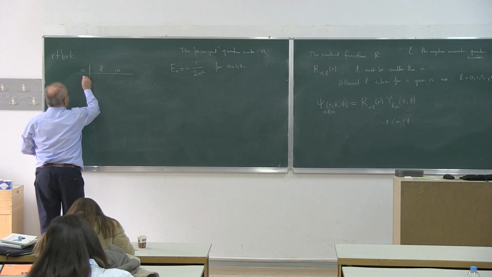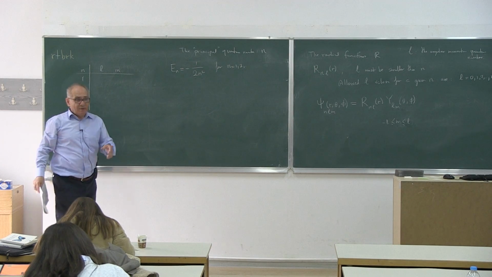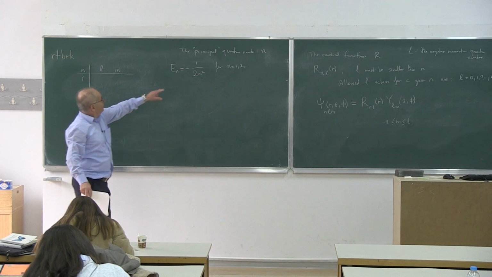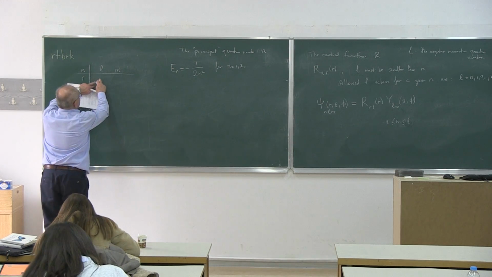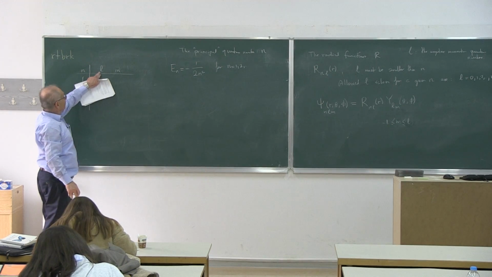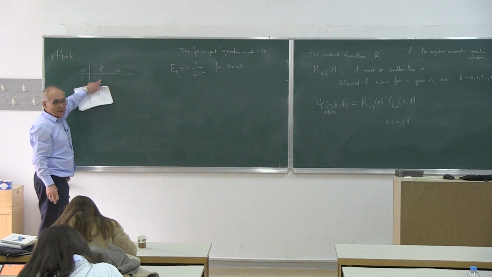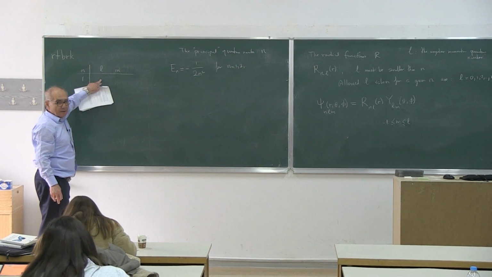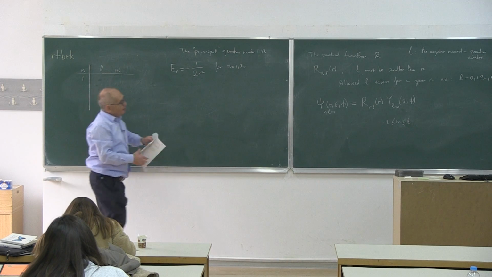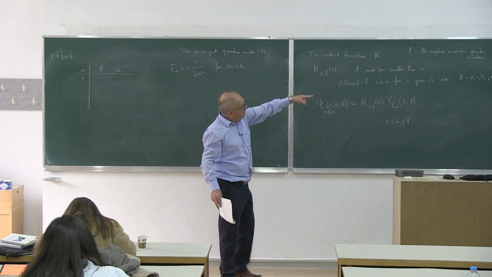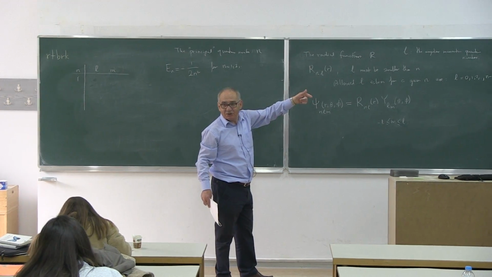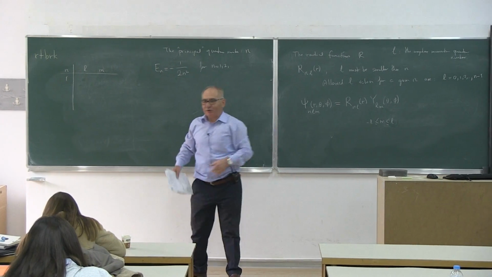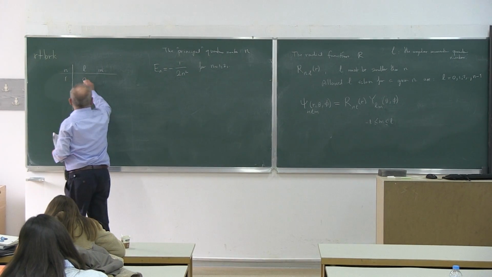Now, if n is 1, which means the lowest energy, ground level, then how many possibilities are there for the L quantum number? The largest L is restricted. The largest value is n minus 1. Therefore, if n is 1, 1 minus 1 is 0. The only possibility for L is 0.